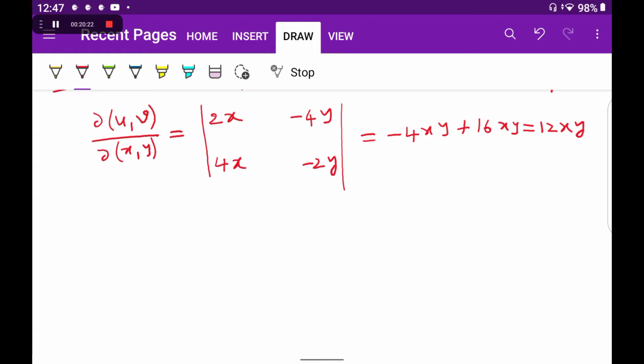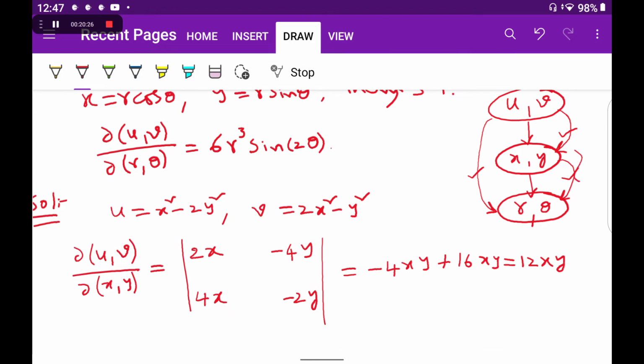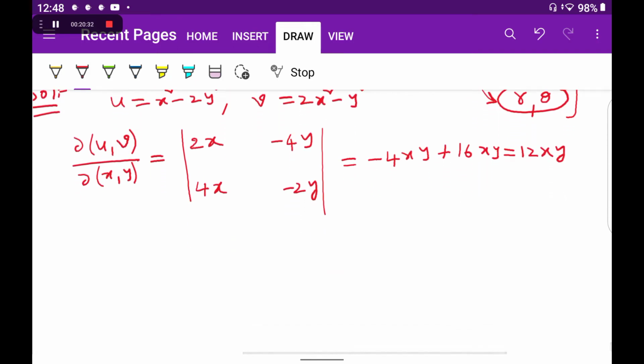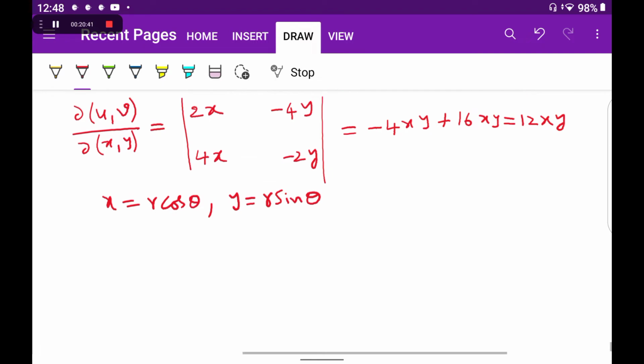Now coming to the second part, this part is over. The second part, we are given x equal to r cos theta, y equal to r sin theta. Right?